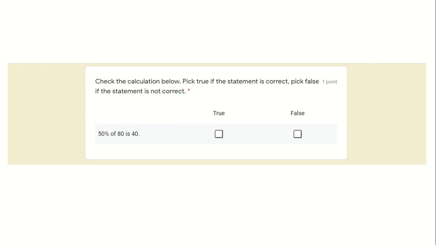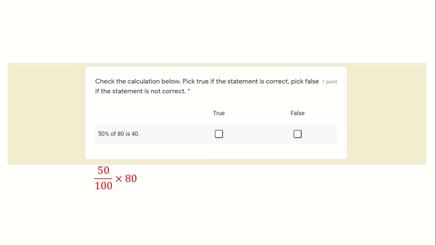Okay. Next, check the calculation below. Pick true if the statement is correct. Pick false if the statement is not correct. 50% of 80 is 40. Let's check. 50% means 50 out of 100. Of means multiply by 80.